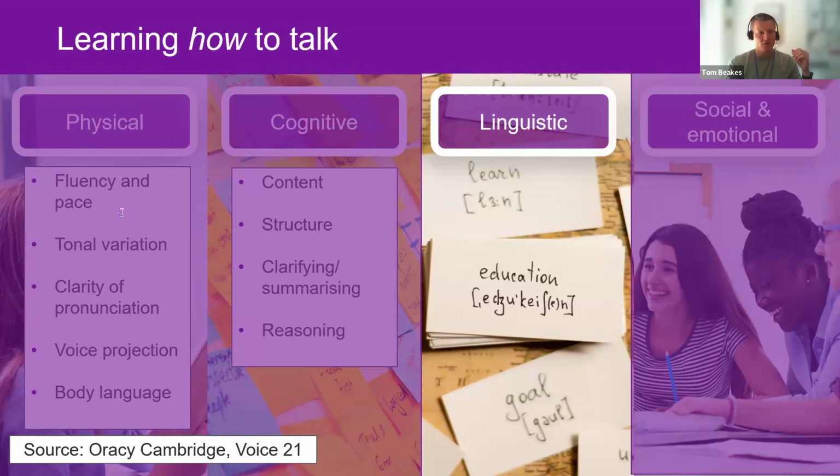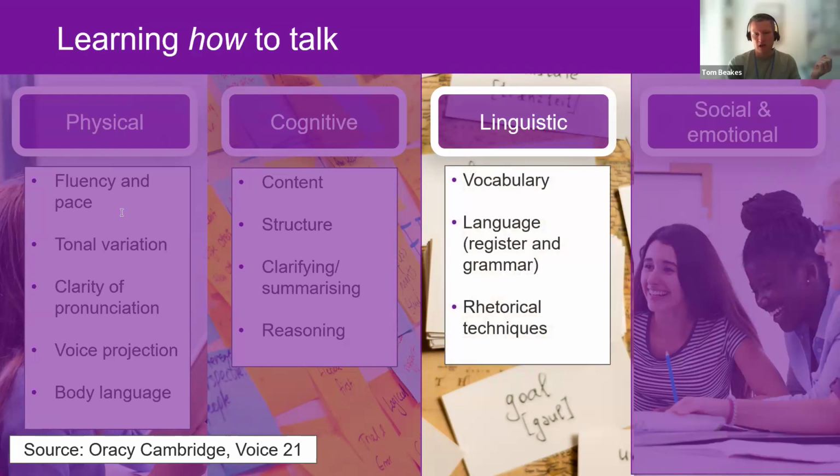Linguistic skills. And again, if you're an EAL specialist or a language teacher, this is kind of our bread and butter, right? But in this context where they're talking about general Oracy skills for first language English children, they talked about vocabulary and particularly choosing the appropriate vocabulary for the context. I love how they've just put language in brackets, register and grammar, which again, as an EAL specialist, I'm like, well, that's such a gigantic topic, but it's one bullet point in their framework.